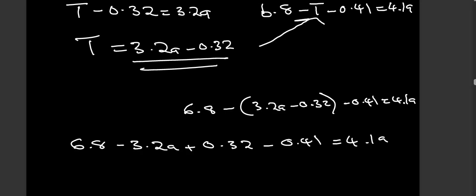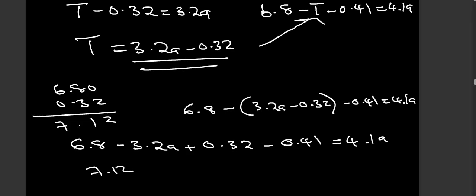So 6.8 plus 0.32 will be 7.12. For those with a calculator, I just want you to confirm this.